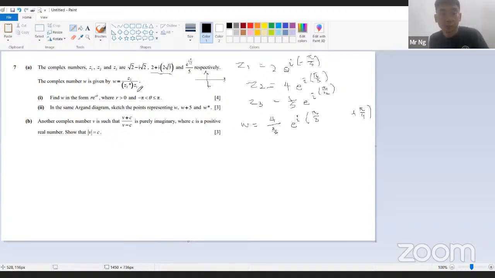Because this one I shift out become plus now. Here it should be minus pi over 12 because conjugate, then I shift out become plus pi over 12. So this one is equal to 10.